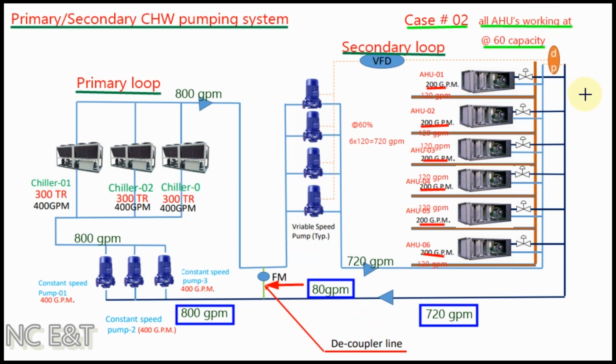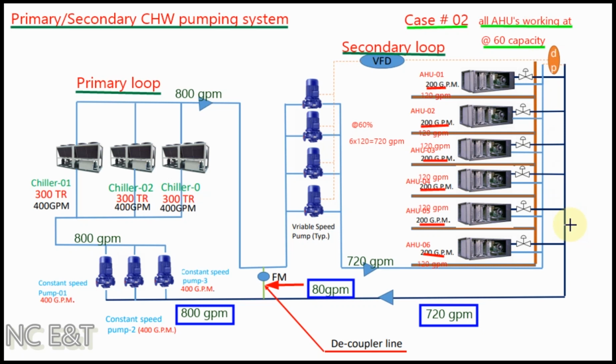Now we can summarize our study. At the start of the HVAC system, the primary secondary chill water piping system will work at full load condition, and both the primary and secondary loops will work at full load capacity. When the difference between chill water flow in the primary and secondary loop is less than the capacity of a chill water pump in the primary loop, we compensate this difference by chill water flow through the decoupler line.